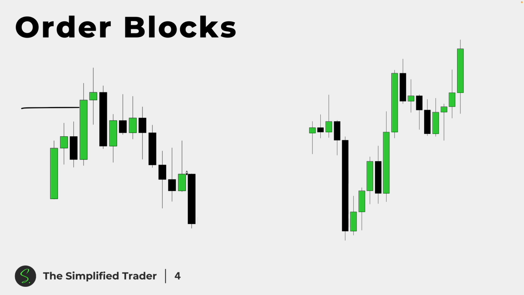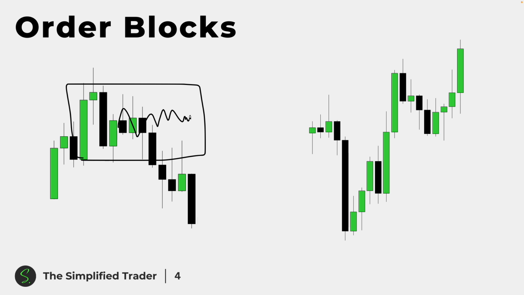Now, why don't I use this as an order block? That is an up-close candle. The reason why I don't use that as an order block is because that is within the higher order, the bigger order block. I don't care about little candles inside of this range. I only care about this range.